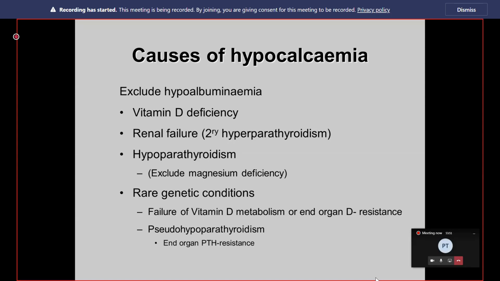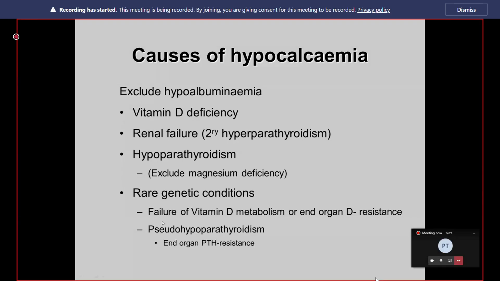not as common, and always exclude magnesium deficiency, because in magnesium deficiency, parathyroid secretion as well as parathyroid action is opposed by magnesium deficiency. So in these cases, if there is magnesium deficiency, then it should be corrected, because sometimes it normalizes the calcium and PTH action.